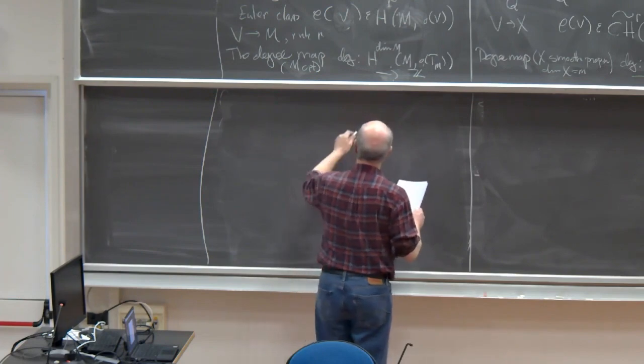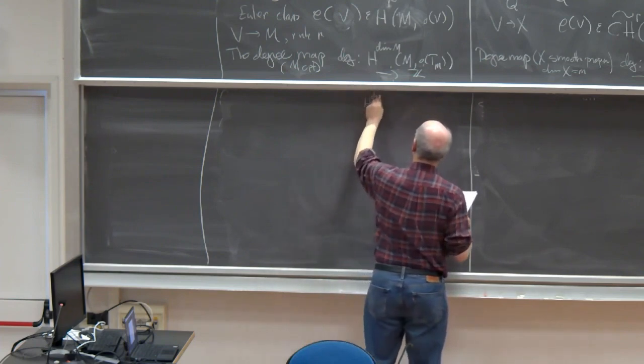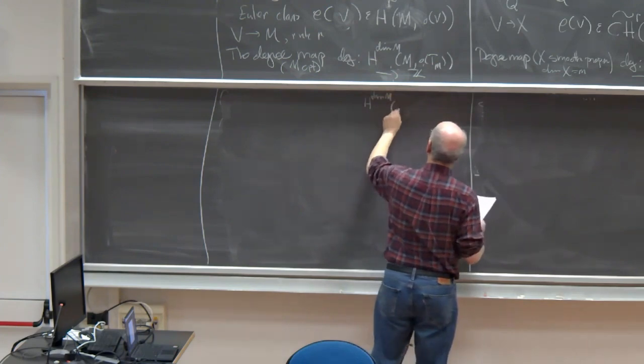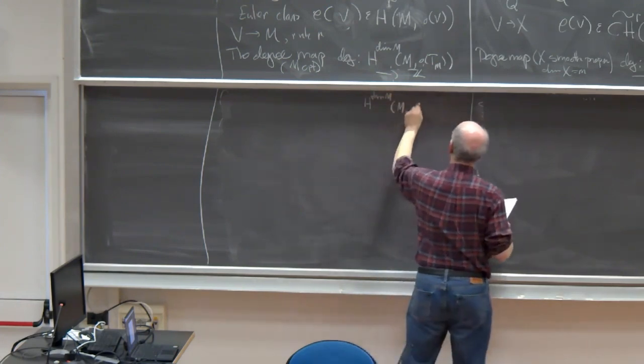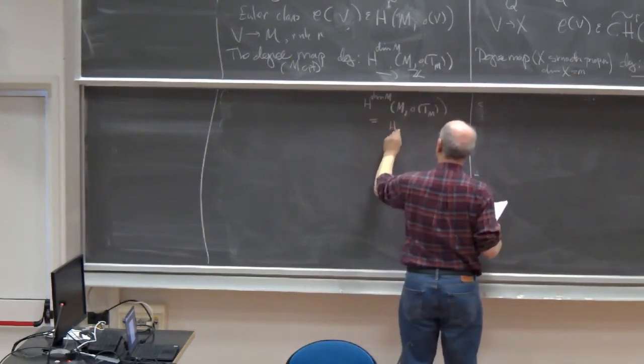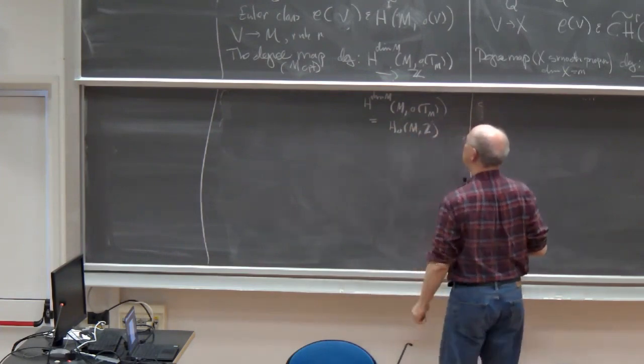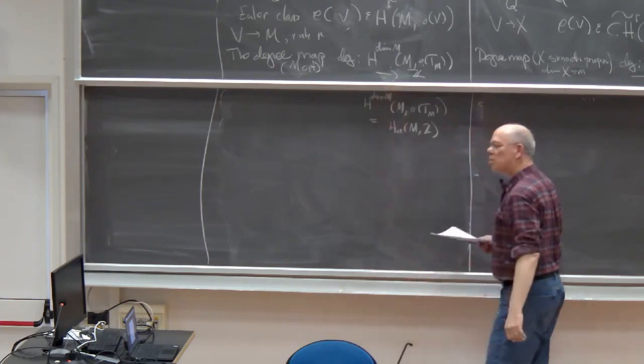Maybe I should say, this is a little addendum, we have some Poincare duality isomorphism that this is just the same as the H0 with Z coefficients. That's Poincare duality, and the degree map is just a push-forward map on homology.